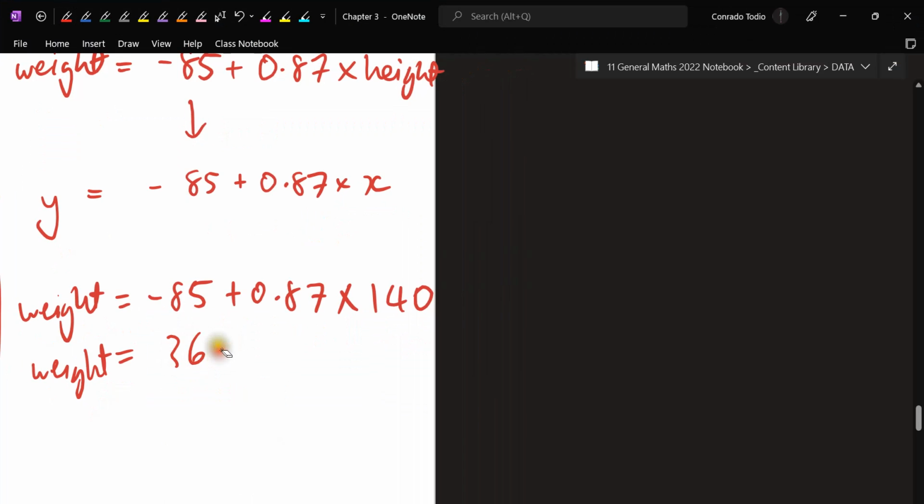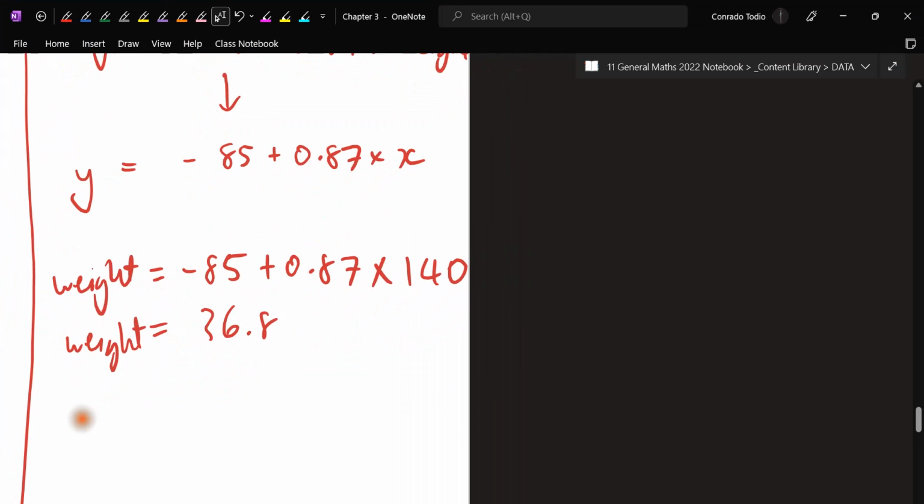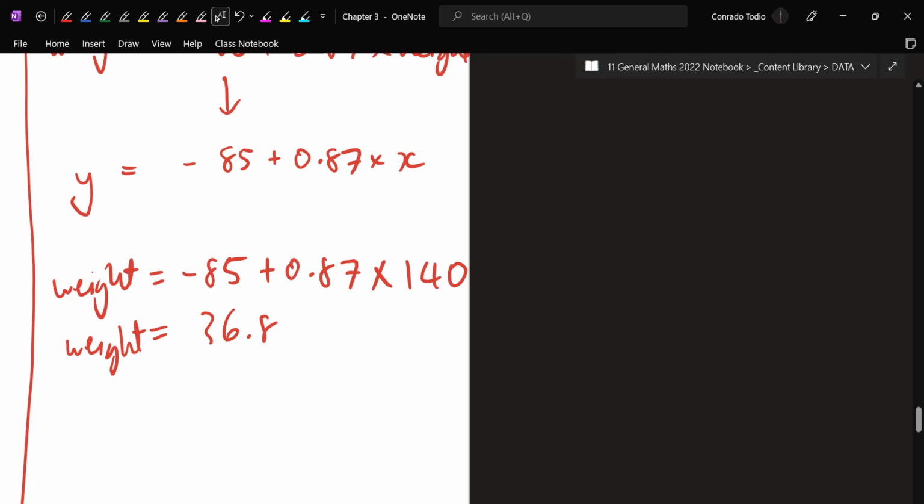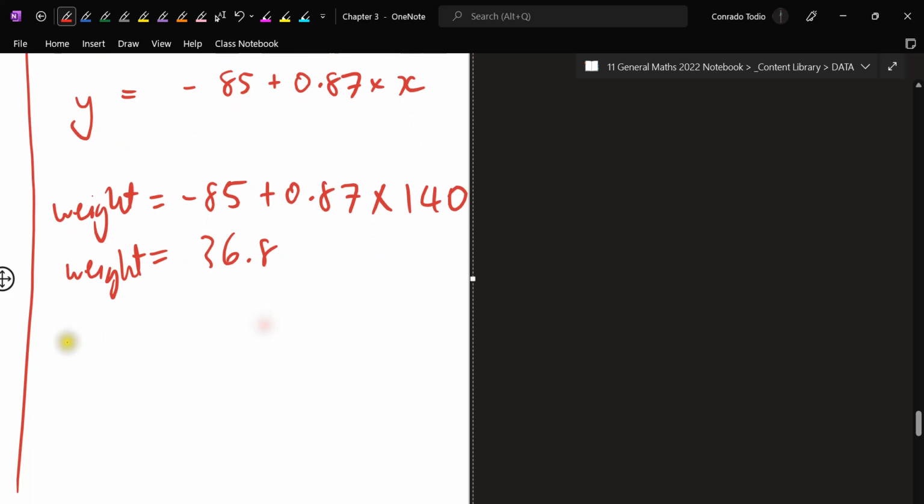What if it's the other way and you have to figure out the height, but it gives you the weight? So if someone has a weight of, say, 60 kilos, what might their height be? What this is saying is if weight was 60, 0.87 times what is the person's height?